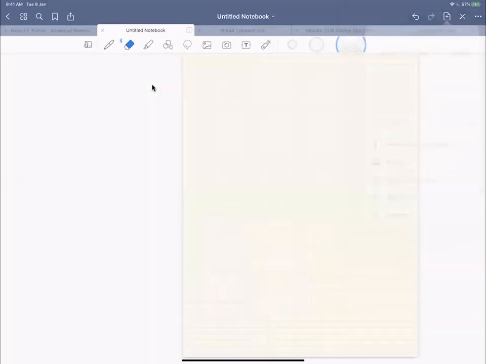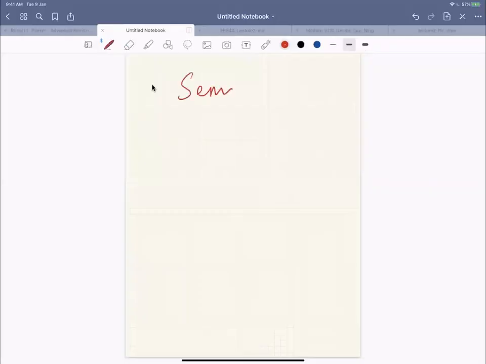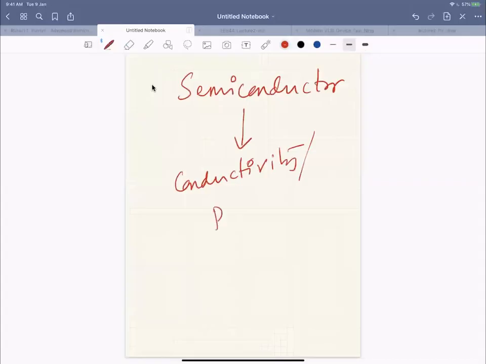But when we are using silicon as a semiconductor in our device, the first property that we talk about is conductivity, or resistivity. It's the same thing.